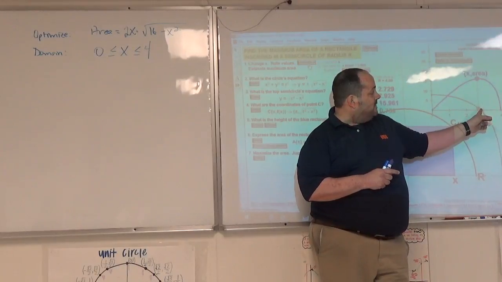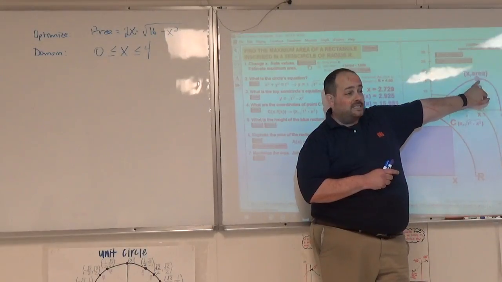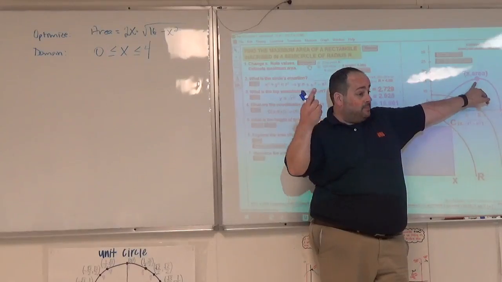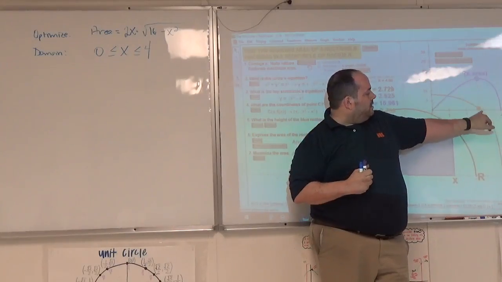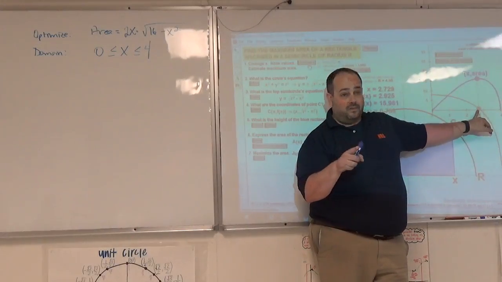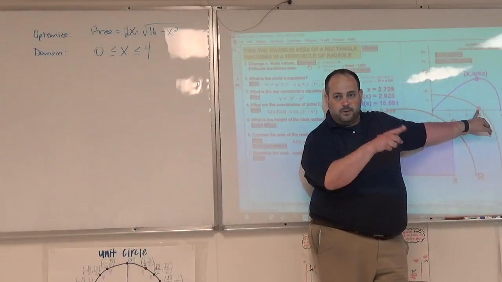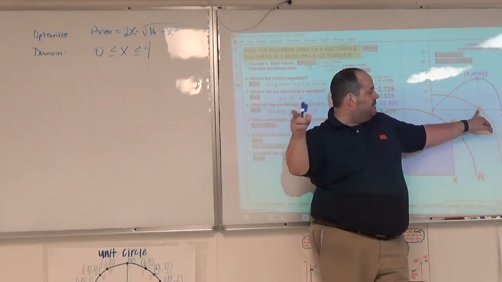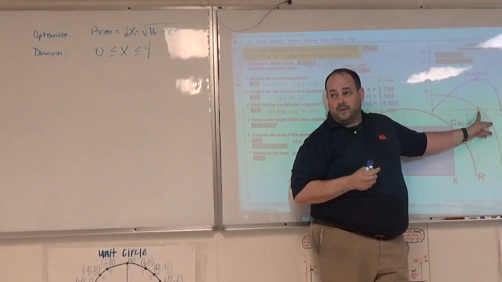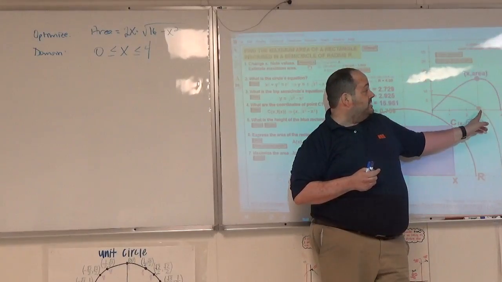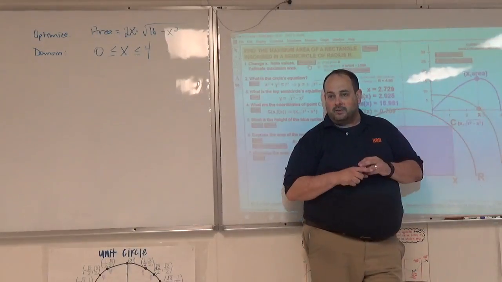I hope you guys are convinced by looking at the graph of A of x that this relative max is actually an absolute max. Who can convince me based on the graph of the derivative? Carmen, convince me based on the graph of the derivative, why is this relative max an absolute max?